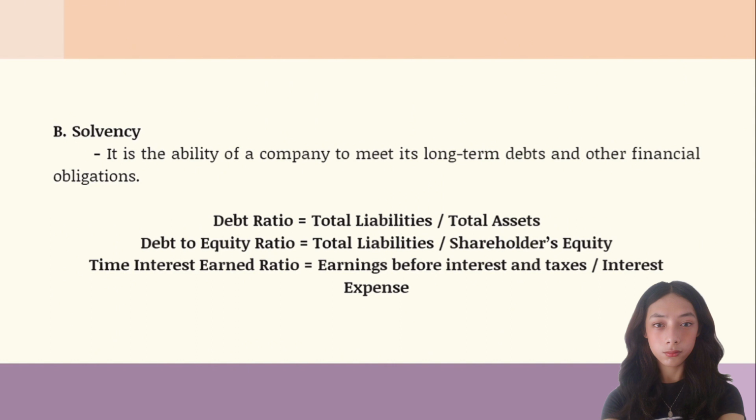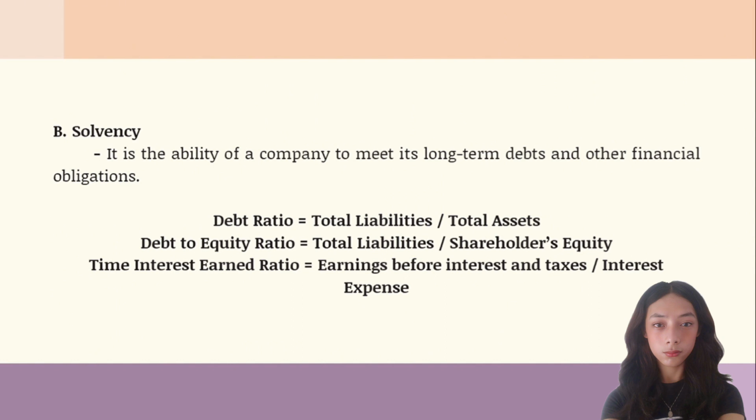It is also called leverage ratios. These ratios involve comparison of debts, assets, equity, and interest. These ratios help to understand how much a company relies on borrowed money and how well it can handle its debts.